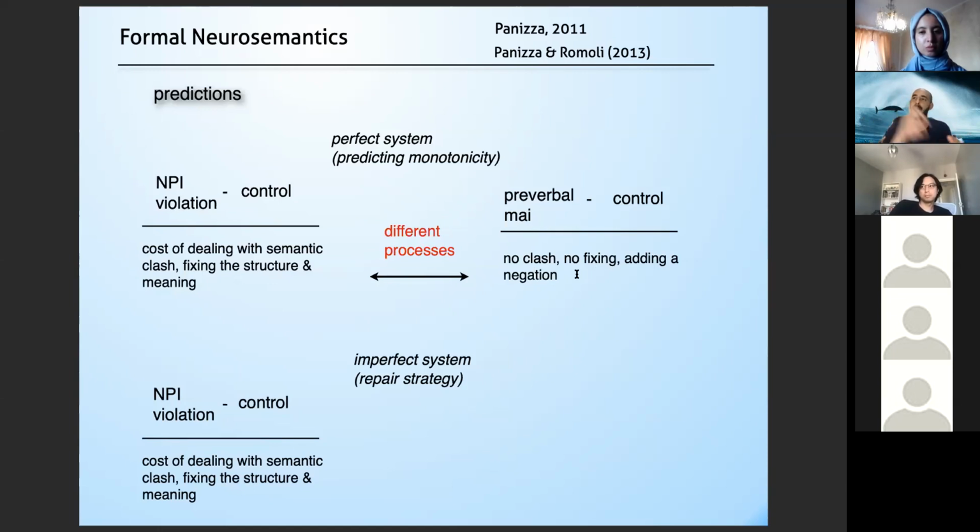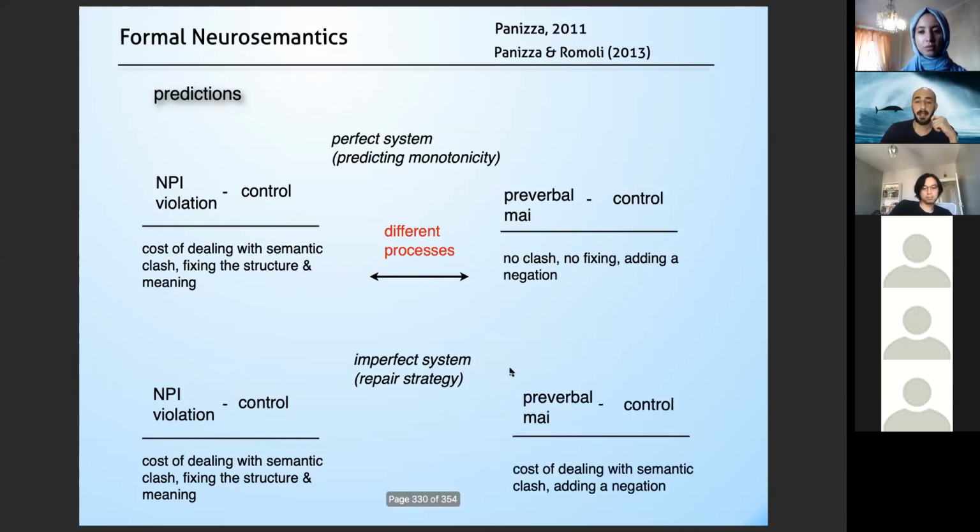All you have to do is add a negation. In an NPI violation, you have the cost of dealing with the semantic clash. You try to fix it, and then you cannot fix it, basically, because the rules of the language do not allow you to fix this. So this should give rise to two completely different effects.